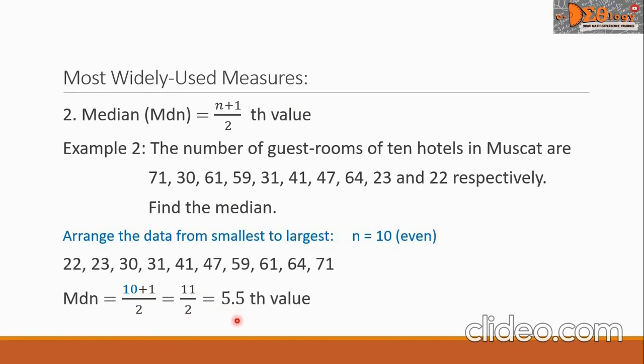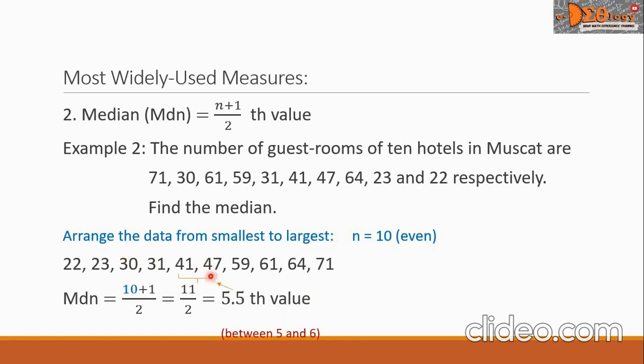And this is the 5.5 value of the ordered data. Take note that this is between 5 and 6. So we identify the 5th and the 6th values respectively, 41 and 47.